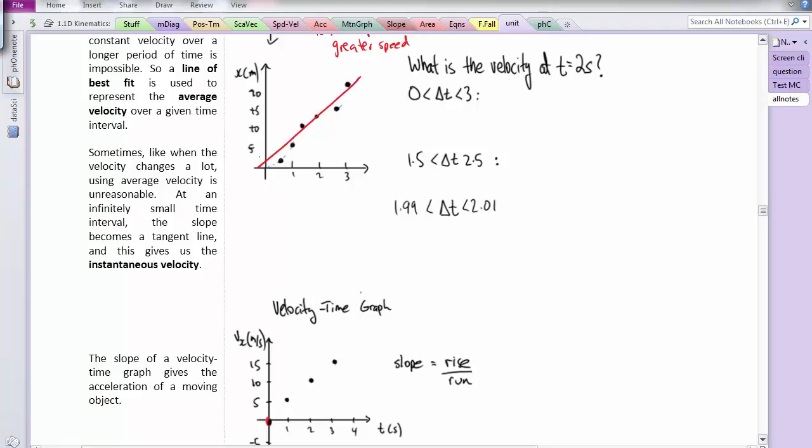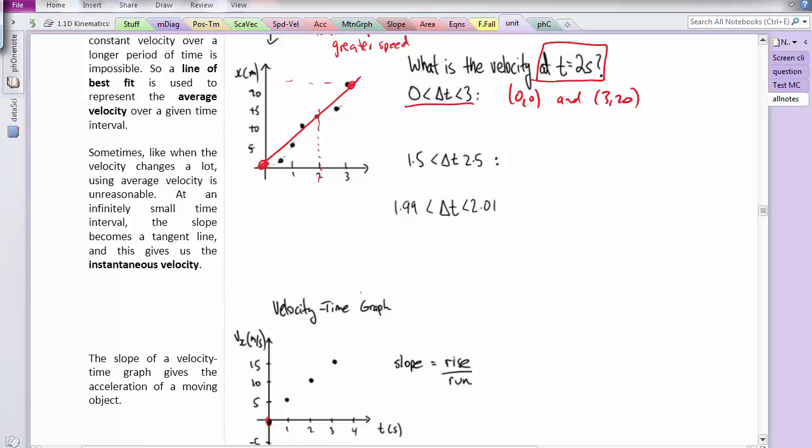So if we ask what is the velocity at time equal to 2 seconds, we could use the time interval between 0 and 3 seconds right there, to calculate the velocity at this time. Because we have all these points around time equal to 2, this would give us a pretty good average. So we can use the points 0, 0, and 3, 20.